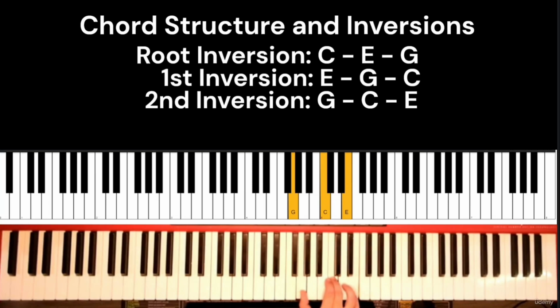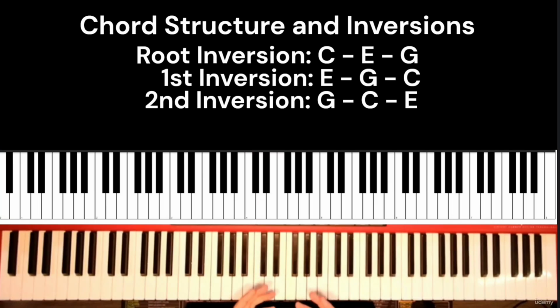Just like that. The names of these inversions: if we begin with the first C, the first inversion that we learned is actually called root inversion. Root inversion is whenever the C is on the bottom, because C is the root of the chord.